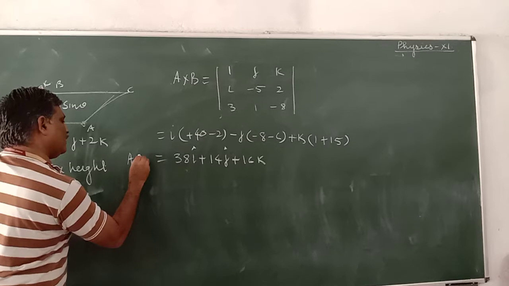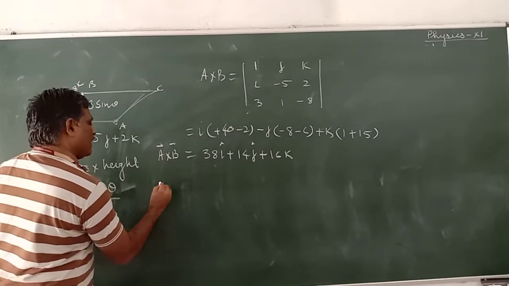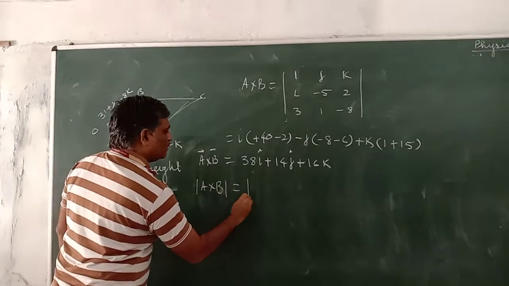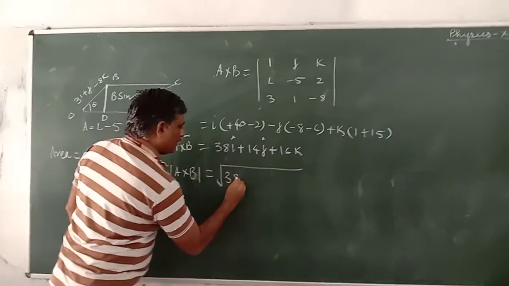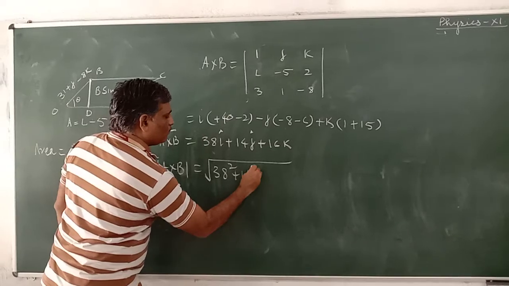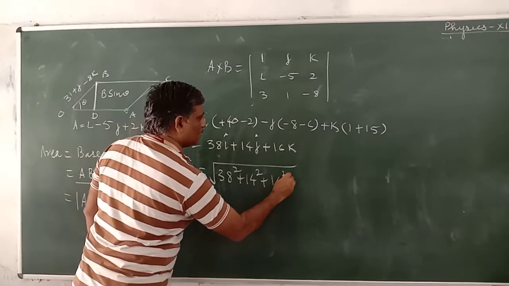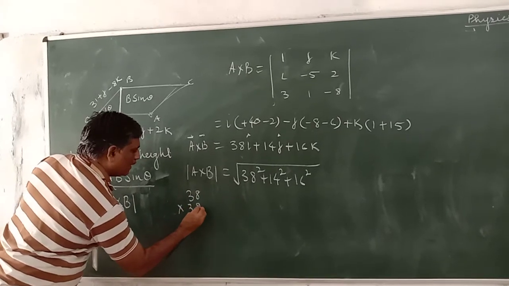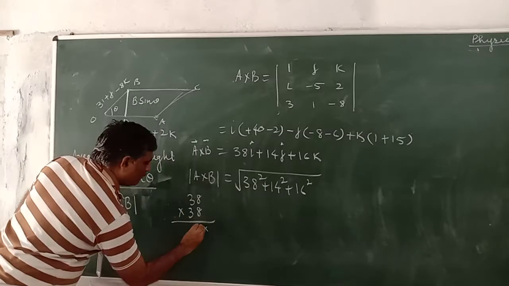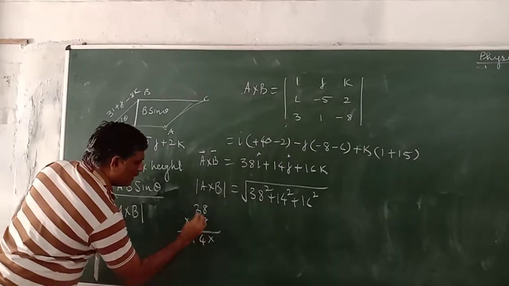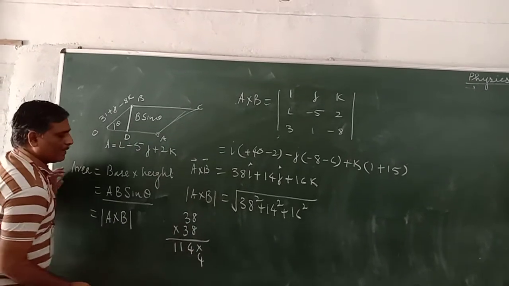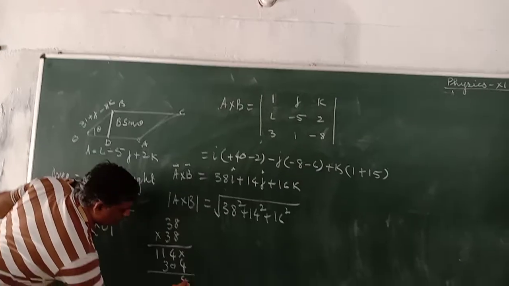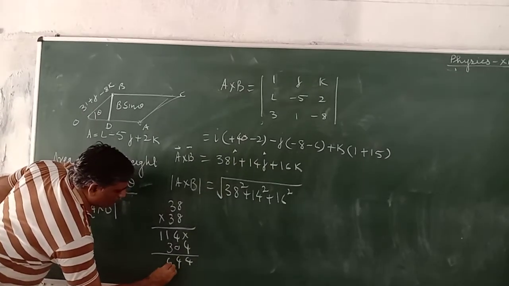But we want the magnitude of this one. The magnitude of A cross B is equal to the square root of 38 squared plus 14 squared plus 16 squared. 38 into 38 is 1444.